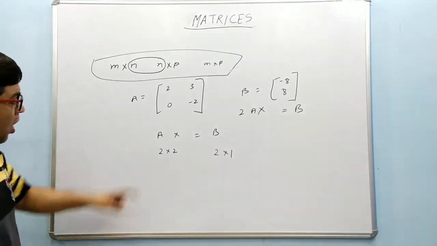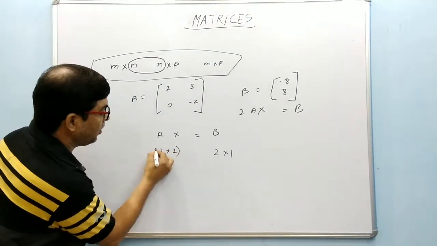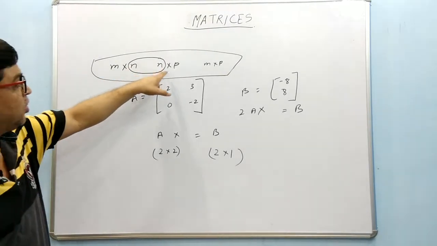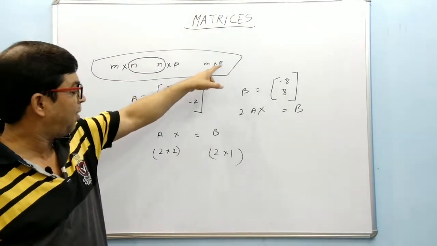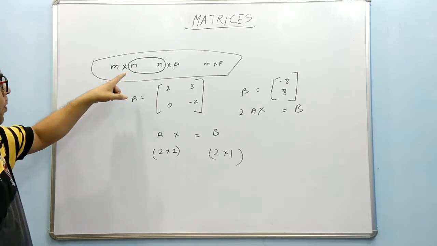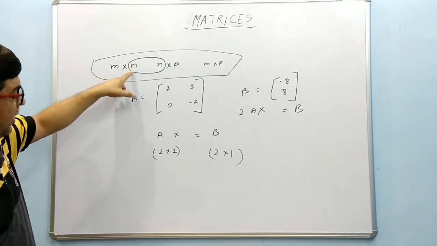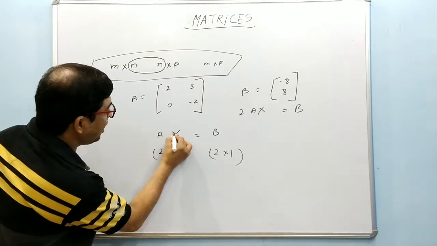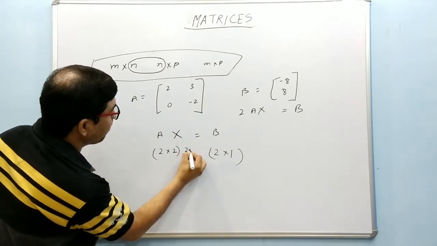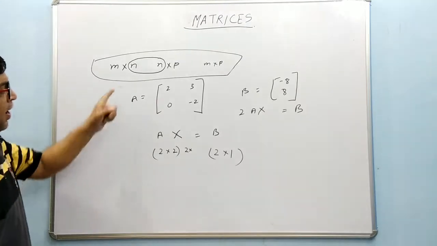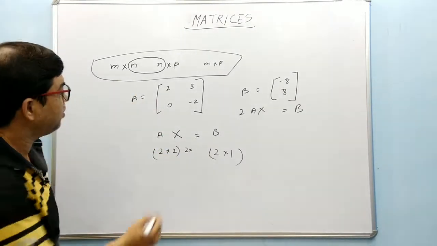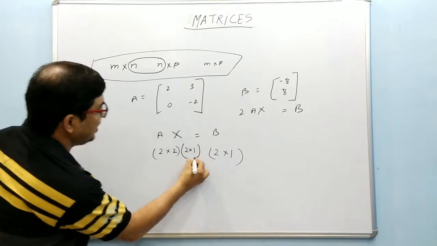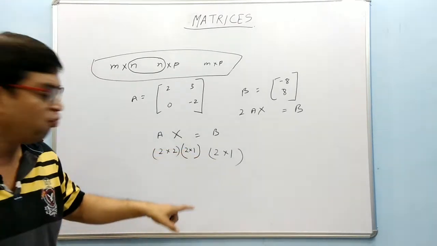What should be the order of X? Tell me. If you follow m into n times n into p gives m into p, N is 2. So the order of X is 2 into, and what is P? P is 1. So the order of matrix X is 2 into 1.